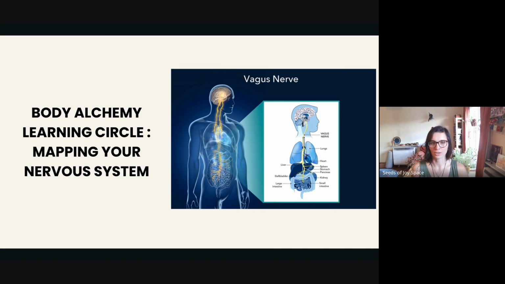And the vagus nerve, working in conjunction with the autonomic nervous system, initiates our response to these fight or flight signals. So if there is any threat, like your life is under threat or you sense danger, it's going to trigger the fight or flight response. And then we can go into different responses.